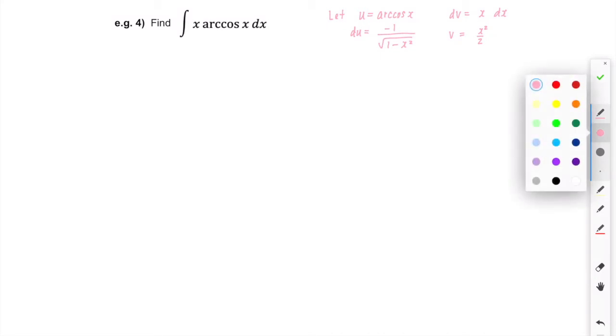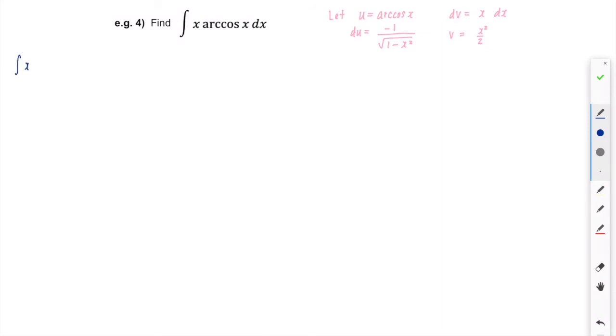Let's substitute. You will need more room. So I'm going to set it aside here. So integral of x arc cos x dx is equal to uv. So x squared over 2 arc cos x minus the integral of v du.